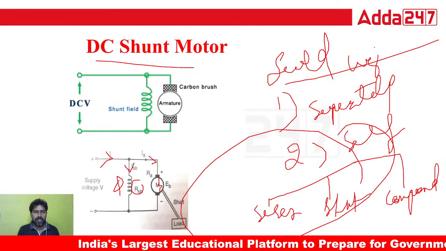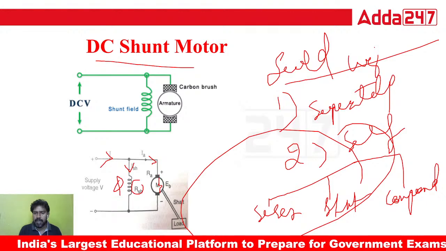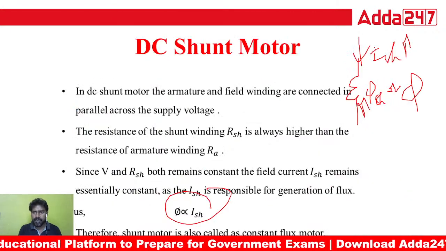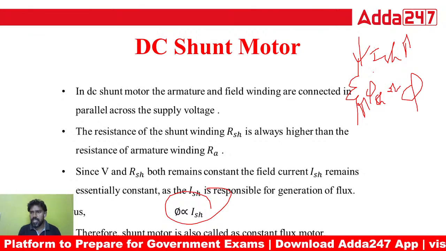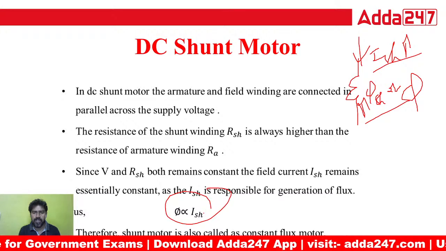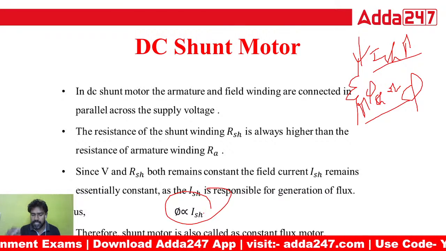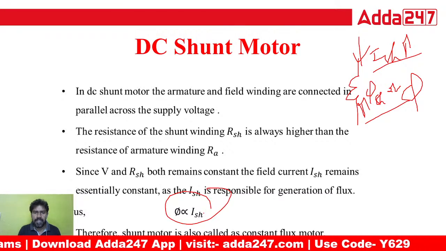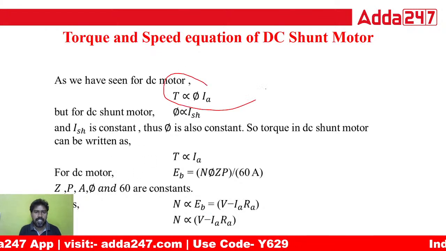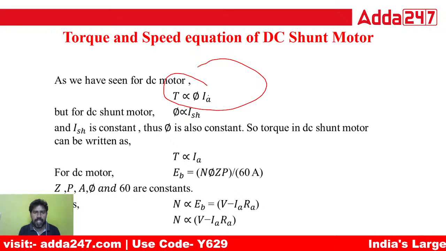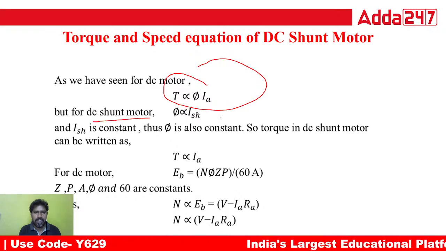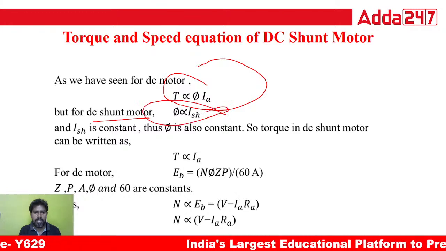Here the flux is directly proportional to the current passing through the winding, so phi is directly proportional to ISH, whatever we can assume. That will continue with the ending. So finally here the torque is directly proportional to the flux and armature current. But for a DC shunt motor, the flux is directly proportional to ISH.